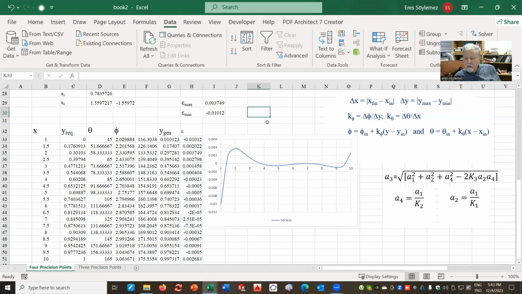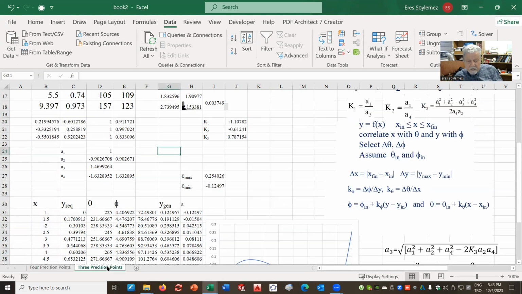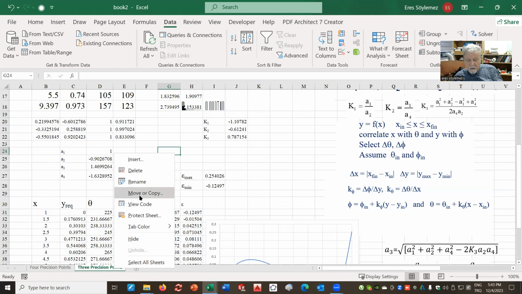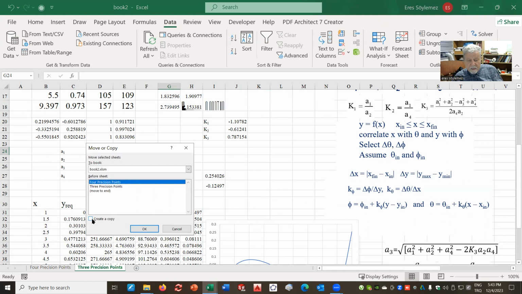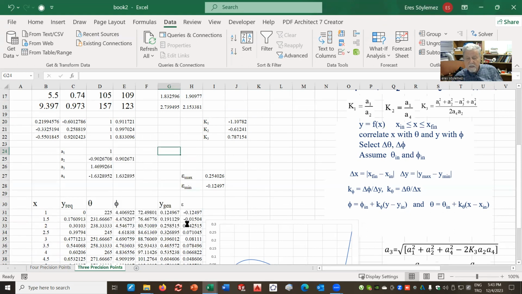Now, this is 4 precision points. As you can see, I can very easily move to 4 precision points. Now, if you want to move to 5 precision points, let me again take 3 precision point synthesis. Move or copy, create a copy.